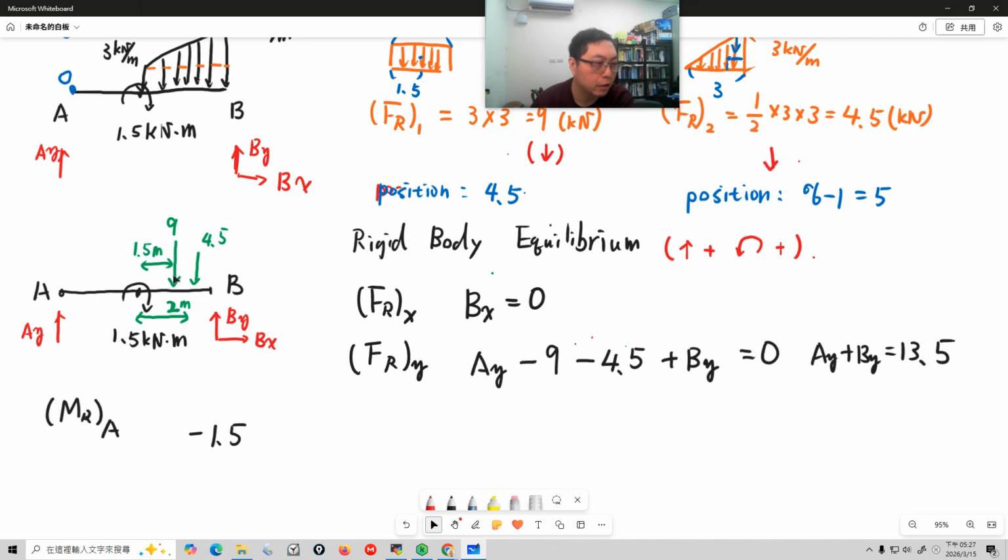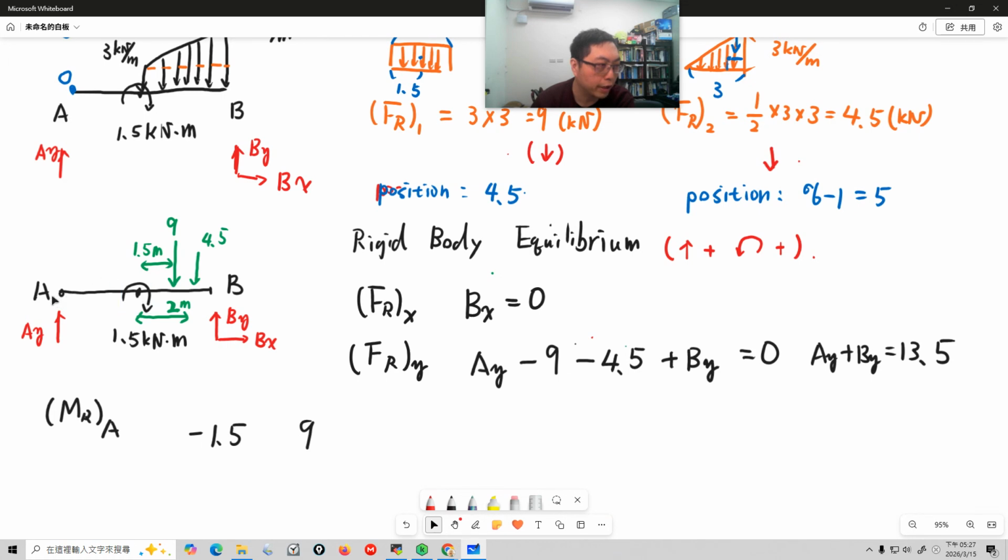For the 9 kilonewton force pointing down, with reference point A, it will create a clockwise rotation. The force is 9. What's the lever arm?